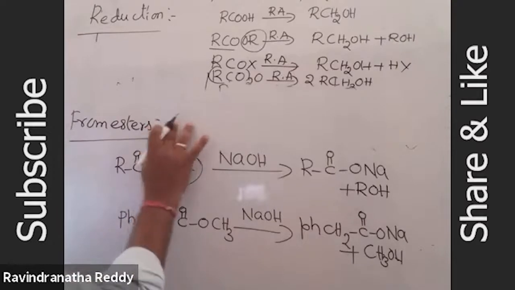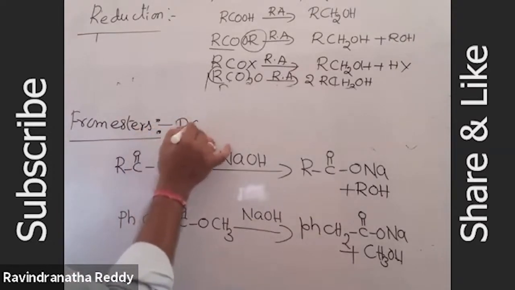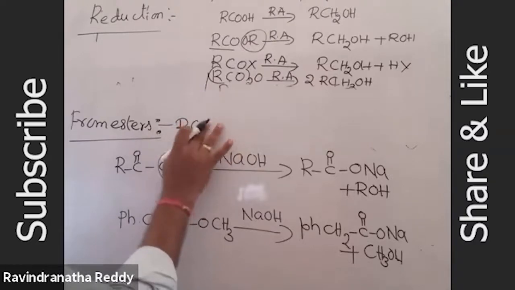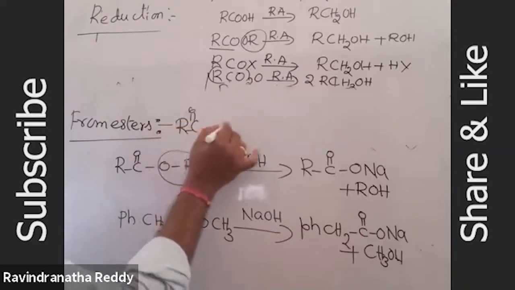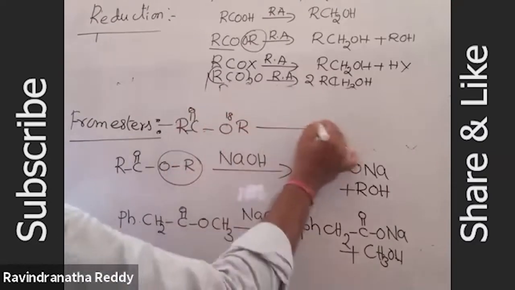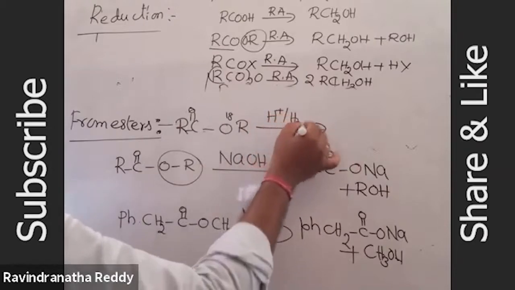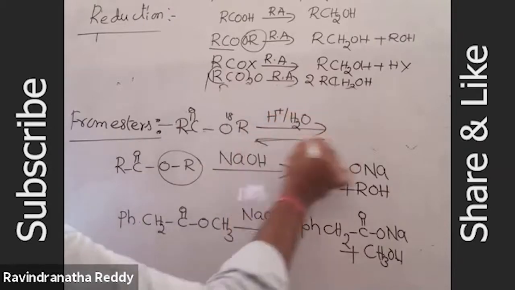So for ester, acidic hydrolysis is also possible. Acidic hydrolysis, check that. Ester RCOOR, you take an O18 label here. Acidic hydrolysis means H plus, H2O, H3O plus. This is a reversible reaction.